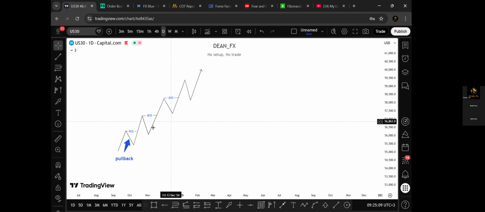In order for you to know that the bullish market has turned into a bearish market, first, before I combine all this in the live charts, I'll have to use a diagram.